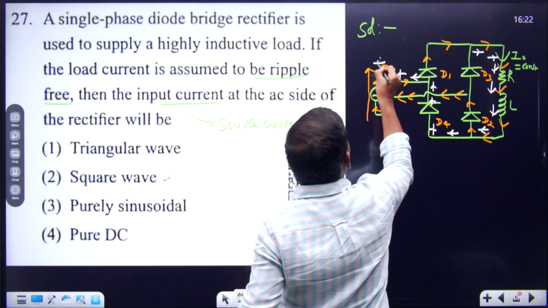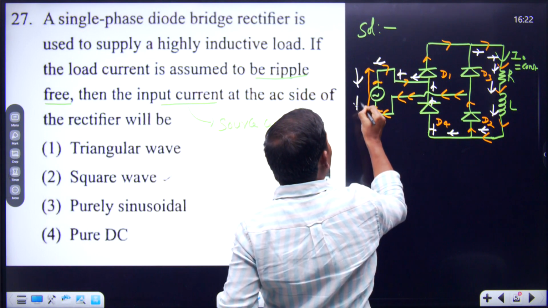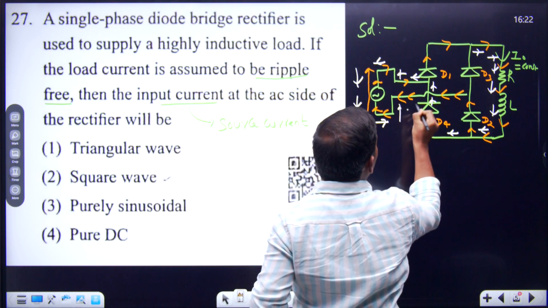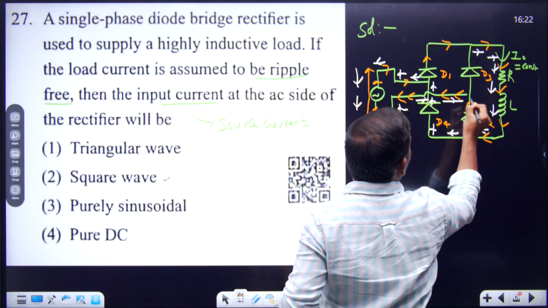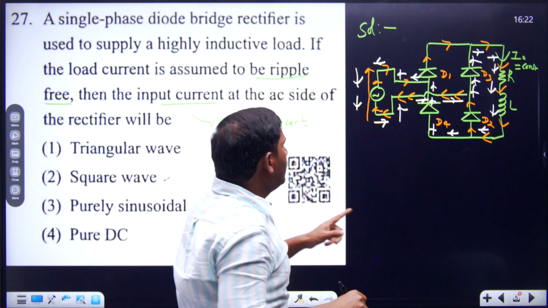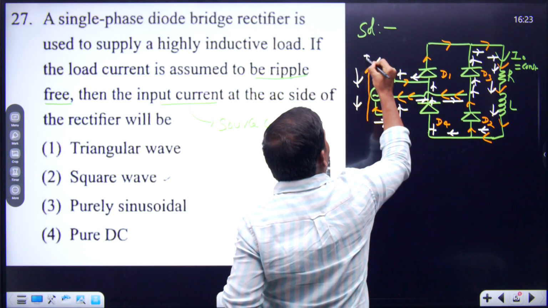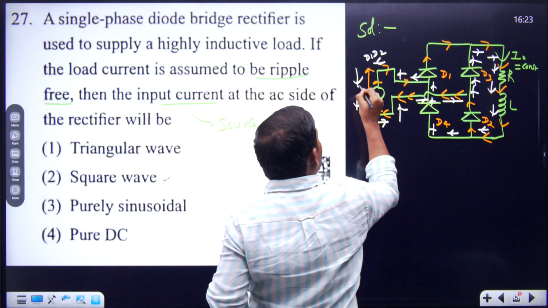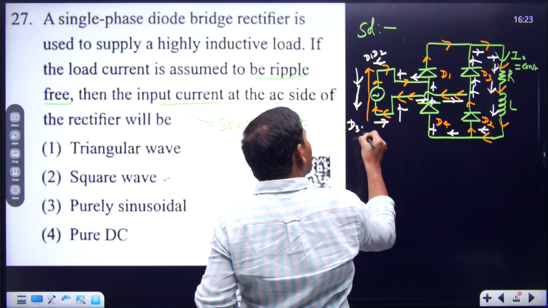This is the direction of the current if D1, D2 is conducting, and this is if D3, D4 is conducting.